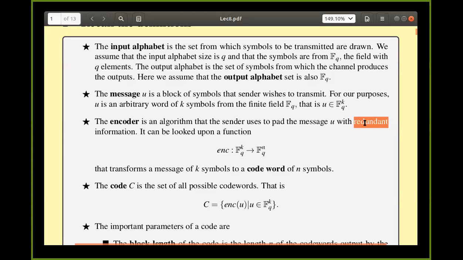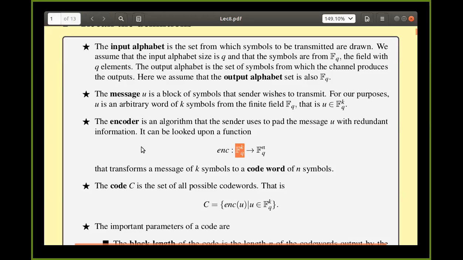That helps us with error detection and correction. If you do not add anything, it is very difficult to detect and correct errors. That is why we embed a smaller space into a bigger space, so that we can look at distances and other aspects.